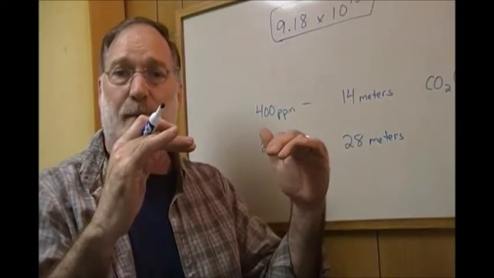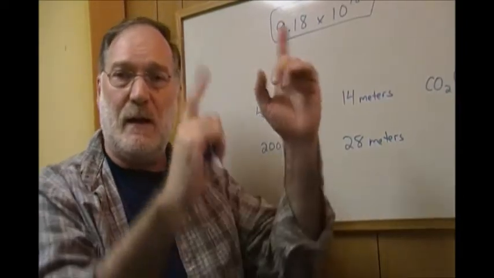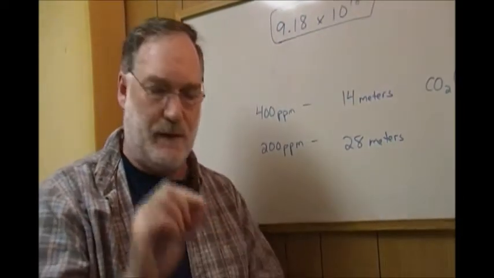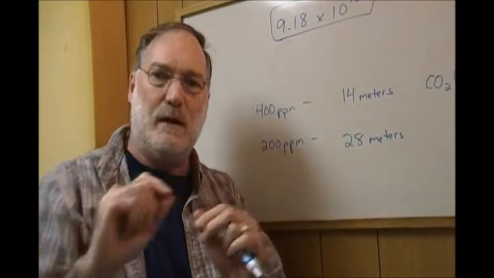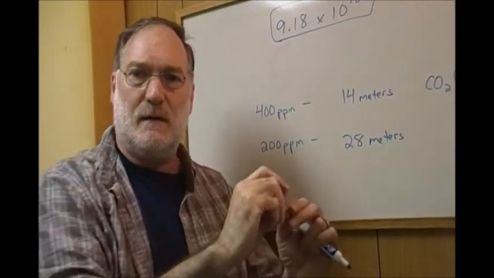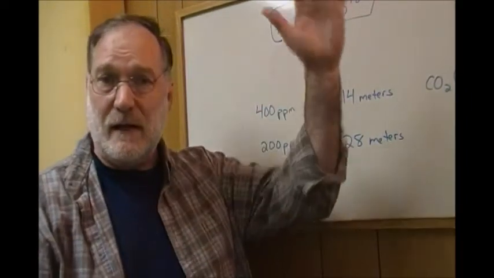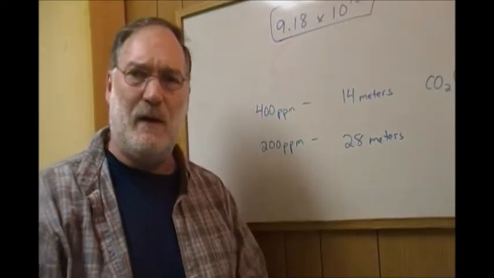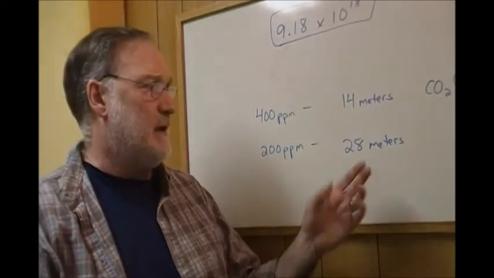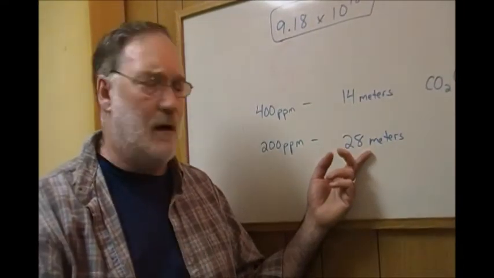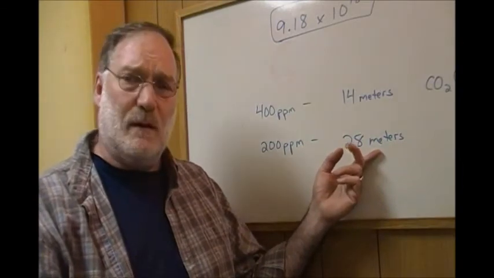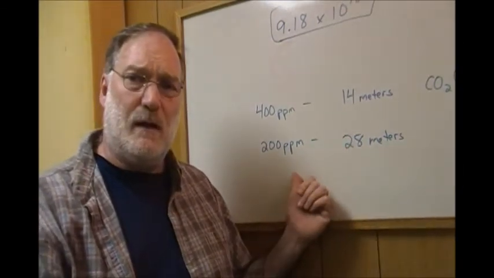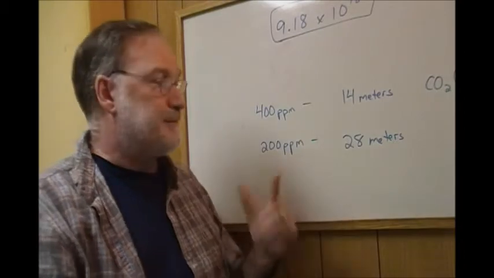So the radiation's coming up. It's going to strike a carbon dioxide molecule. You know, the radiation starting here is going to strike one here, more strike here, and then some over here a little bit. They're going to strike at different levels, but 99.99% of it's going to be all absorbed within 28 meters at 200 parts per million.